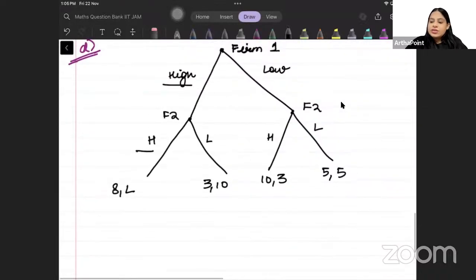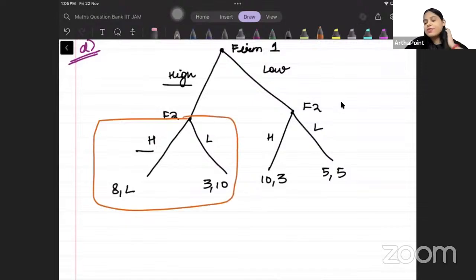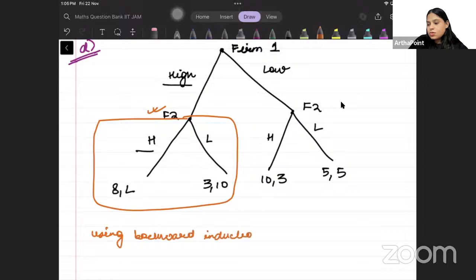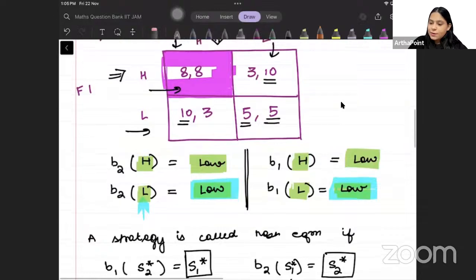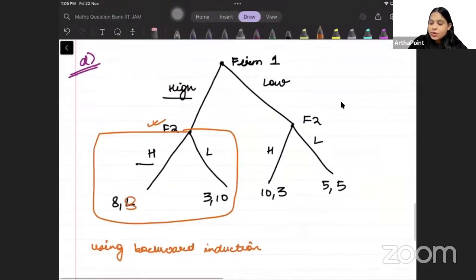Now you can find the subgames and find the Nash equilibrium of those subgames first. Subgame perfect Nash equilibrium. So here for this smaller subgame, firm 2 has to decide, using backward induction. Between 8 and 10, firm 2 will go for 10.